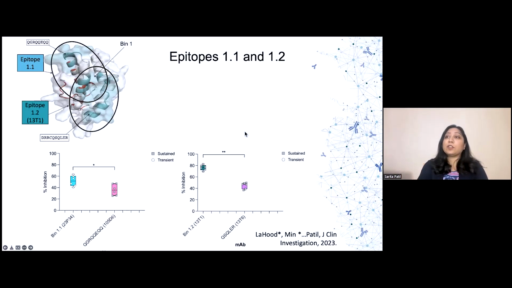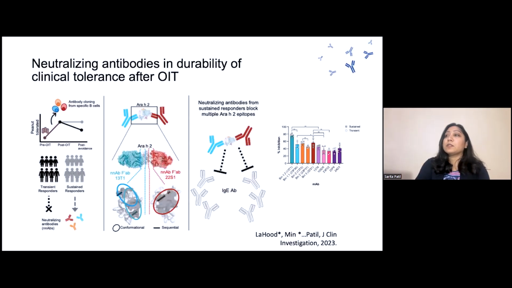It's interesting to look at this antibody that recognizes epitope 1.2 because it inhibits a huge amount of serum IgE binding in comparison to the overlapping sequential epitope that is localized in a similar region. So taking this all together, we put this entire story together as there are these unique antibodies in patients who have sustained clinical efficacy that can block multiple IgE epitopes.